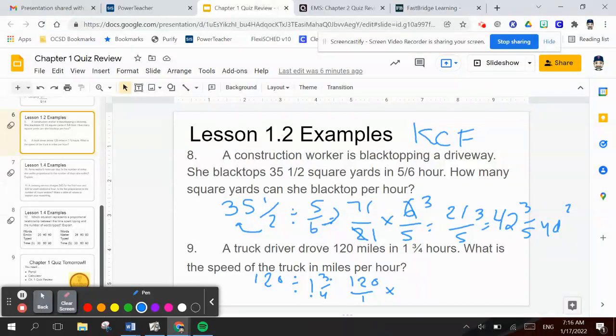So I'd have 7/4, and then I have to flip it, so I get 4/7. 4 times 120 is 480 over 7. And 480 over 7 is the same as 68 miles per hour.